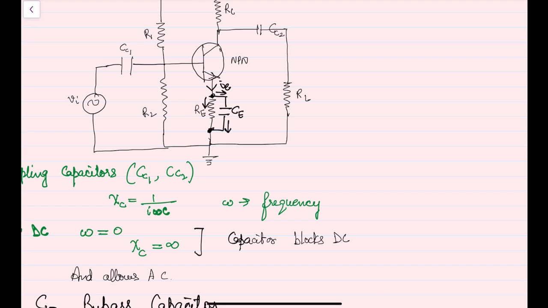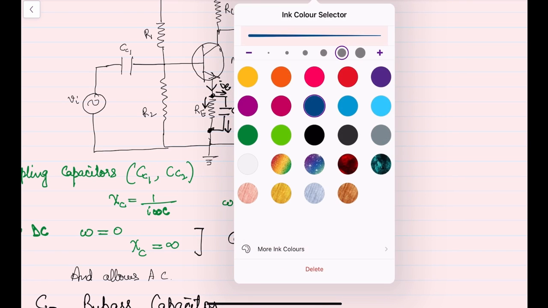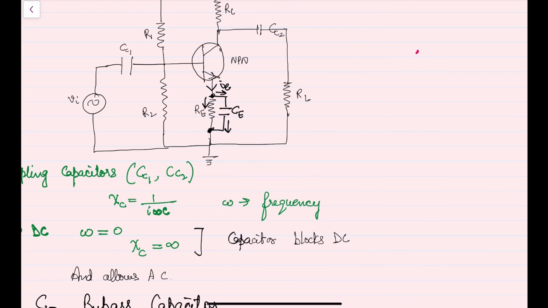Now what will happen is that if there is no current passing through the resistance, there will be no potential drop across it, and all the output voltage will appear at VCE. For example, we have amplified an input signal of 1 volt and it is amplified to 5 volt.